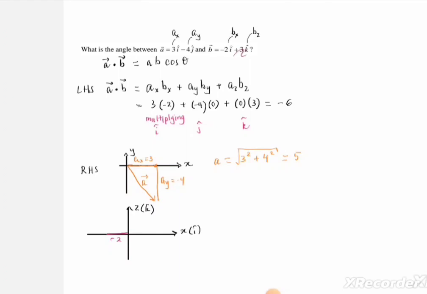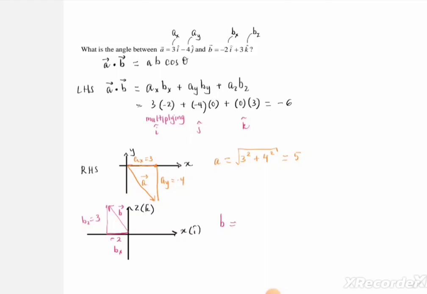So negative 2, and then positive 3. So we go up 3. So this is our BZ, which is positive 3, and this would be our BX. So our vector would be from start to stop, and this is our B vector.